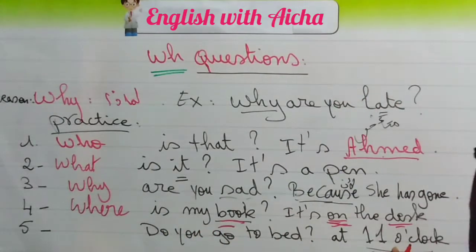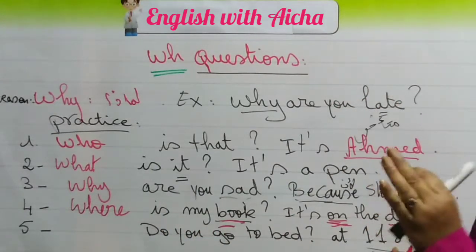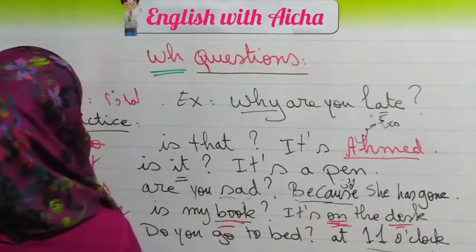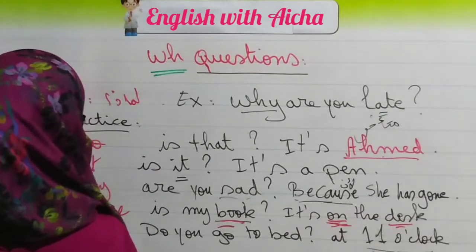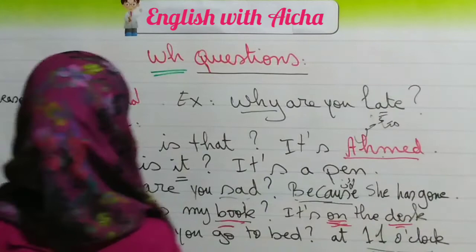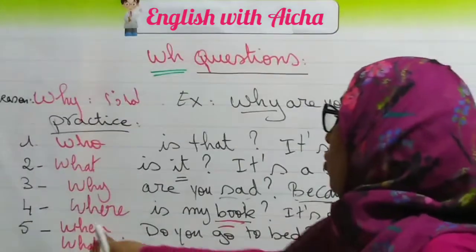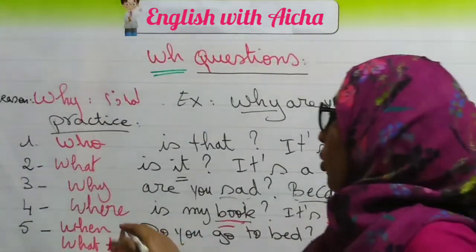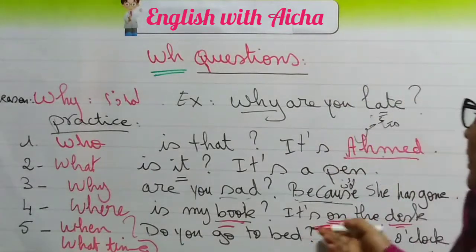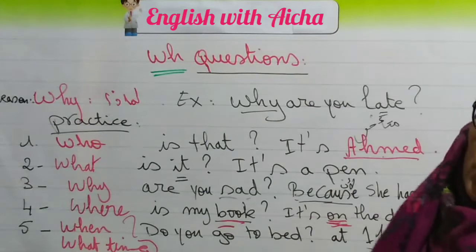Then we have time. At 11. And we said for time, we have 2 choices. We can say when or what time. Both are correct. We can say when do you go to bed or what time do you go to bed. I actually go at 11 o'clock.